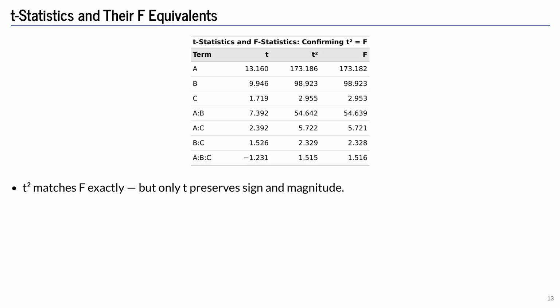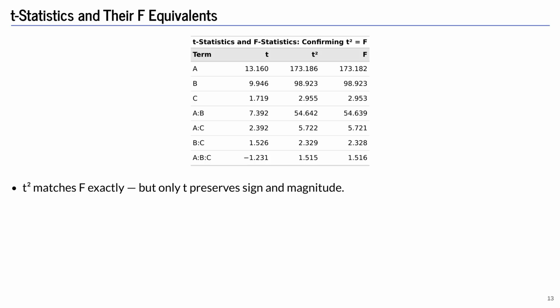Catalyst, t of 9.95, t-squared of 98.9, f of 98.9. The AB interaction, t of 7.39, t-squared of 54.6, f of 54.6. The equivalence holds exactly for every term in the table.